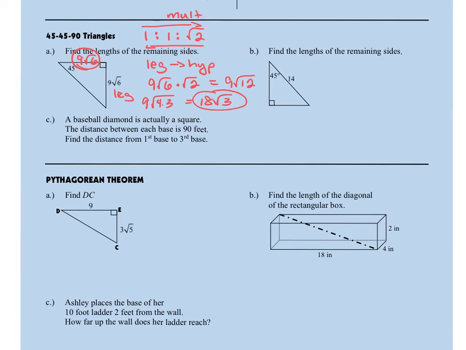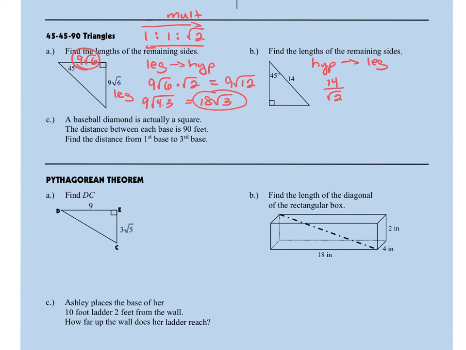All right. Then we're going to go the other direction. On our next triangle, we're given the hypotenuse. So now we want to go from the hypotenuse to a leg. Both the legs will be the same, so it doesn't matter which one we're thinking about. So we're going to take our 14, and this time we're going to divide by the radical 2. Again, let's look at our extended ratio. That means I'm starting here, and I'm going backwards, so I need to get smaller, so I'm going to divide.